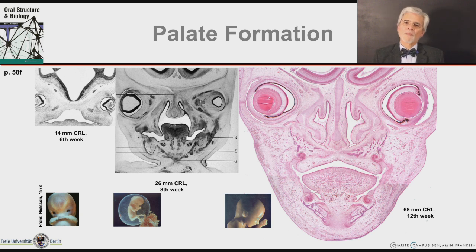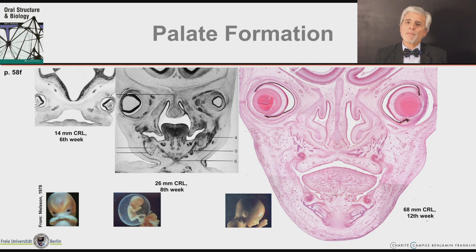However, it's not so easy to understand how that is supposed to work. After all, they are all covered with epithelium. And if you press your two fingers together like this, or bind them together with a plaster, will they then grow together? Well, a lot more has to happen there.